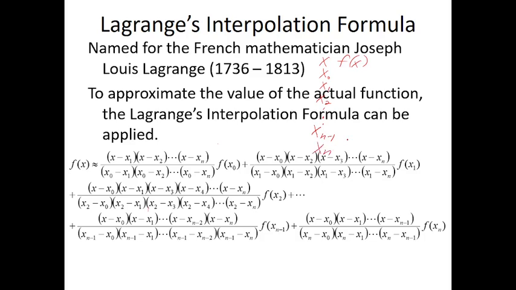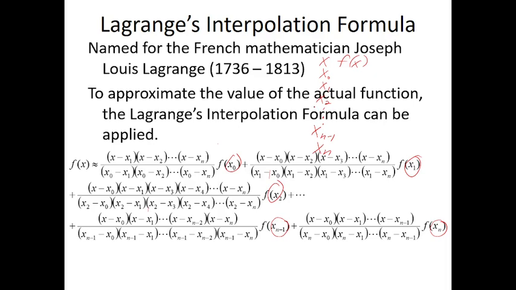So we start with x sub 0, followed by x sub 1, followed by x sub 2, until we reach x sub n minus 1, second to the last, and lastly, x sub n. So that's the procedure. I hope you get it.